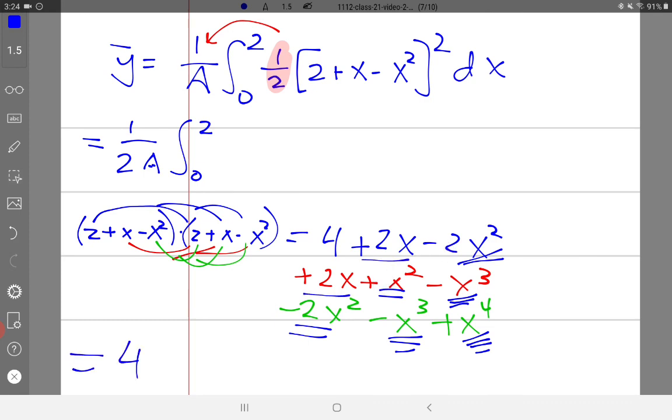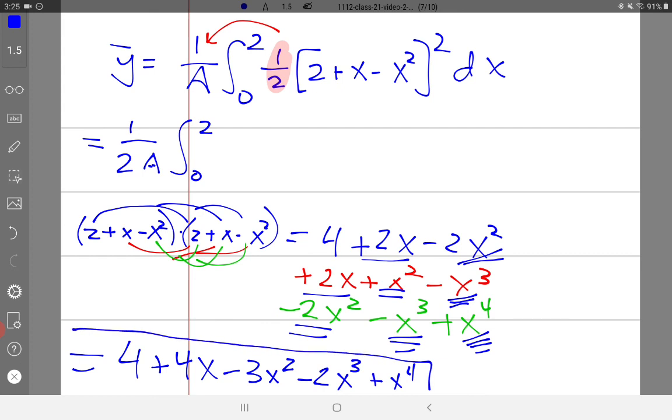So after all that, I have 4. I have 2x plus 2x, negative 2x squared. Negative 2x squared is negative 4 of them, plus an x squared, so I end up with negative 3 of them. Where are my cubes at? I got negative 2 of them. And I got that lone x to the 4th at the end.